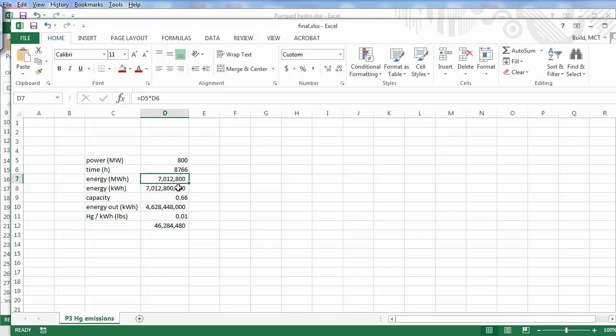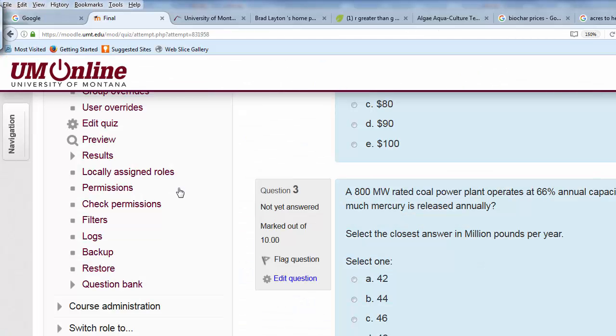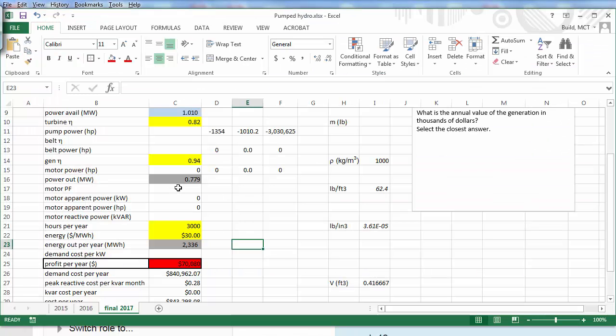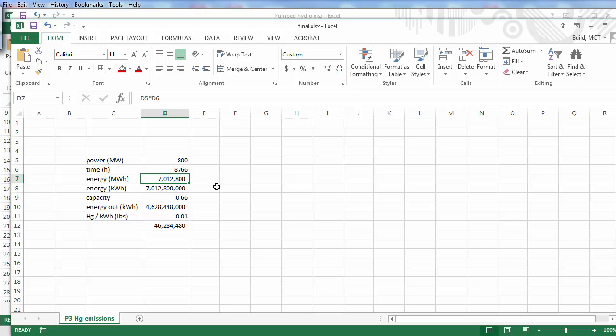That's how far you got? Time's up. 800. Time's up. 365.4. Energy. How many megawatt hours per year did you get? Megawatt hours per year? 800.